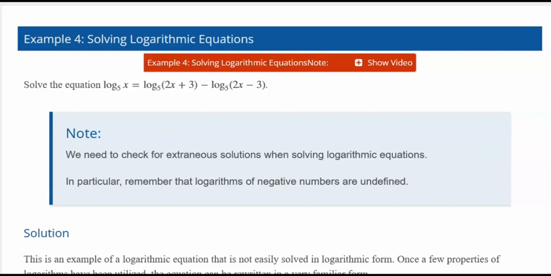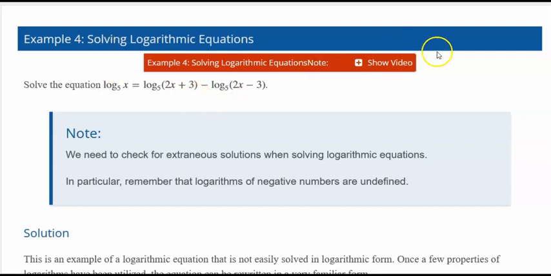Before we go down, though, it's important that when we get solutions, we have to check that the value we have for the answer is appropriate for our original example. And the key is you cannot have a negative log value.